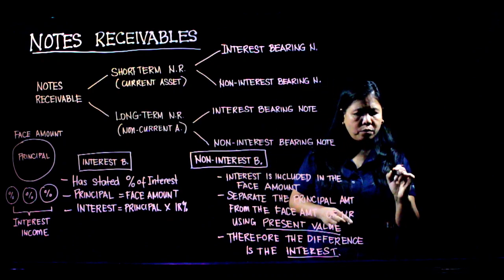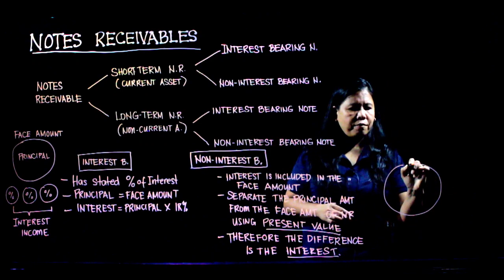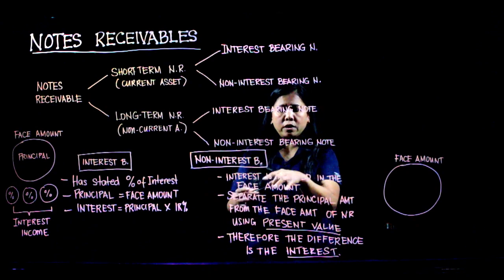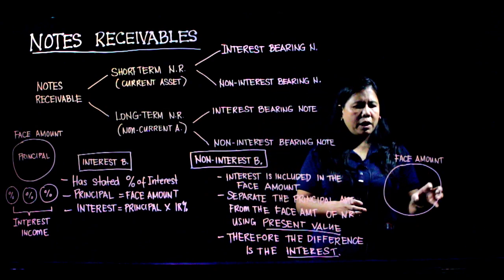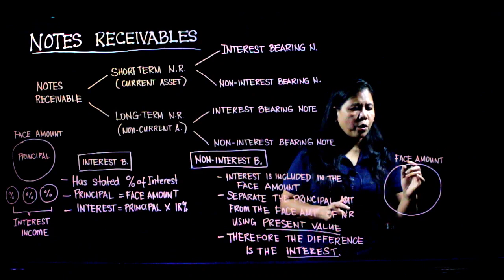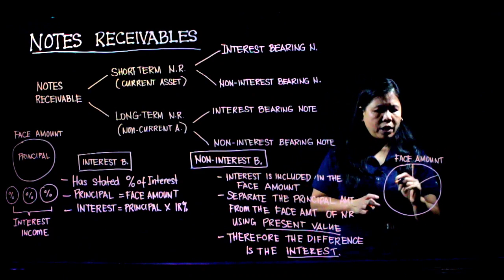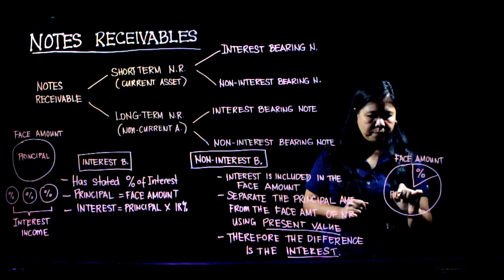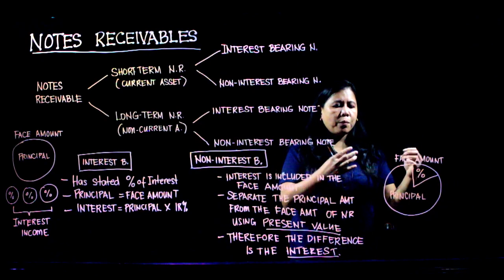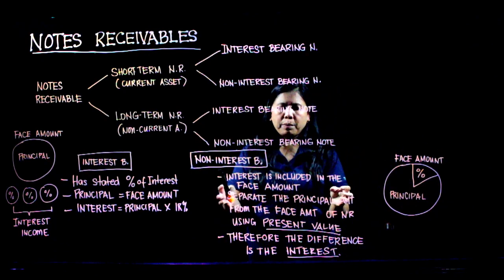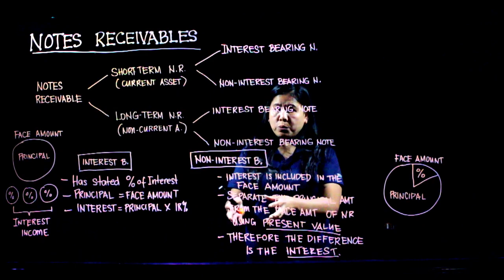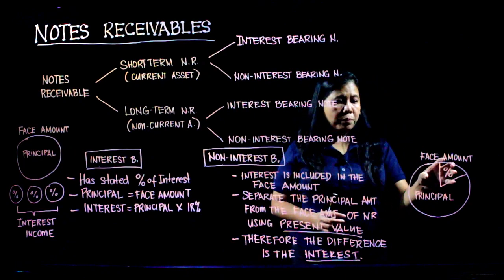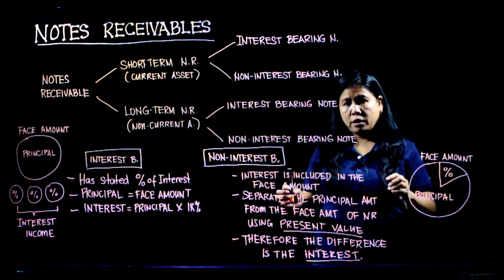So if the pizza represents the face amount, a portion of this pizza is your interest, and the rest is your principal. How do we separate the principal from the face amount? We separate the principal amount from the face amount of the notes receivable using the present value, and the difference will be the interest. So this is your non-interest-bearing note.